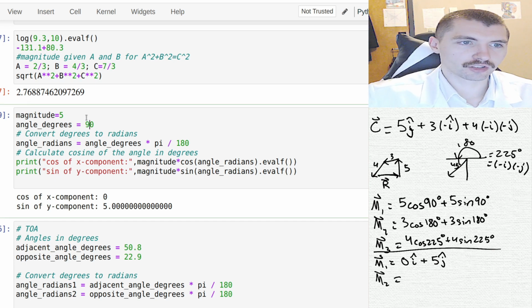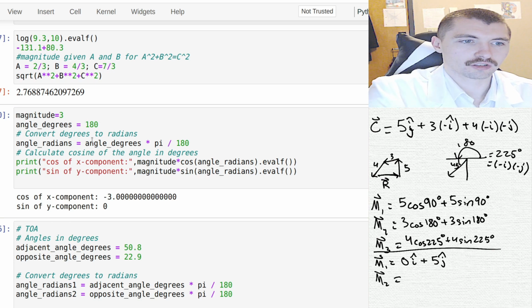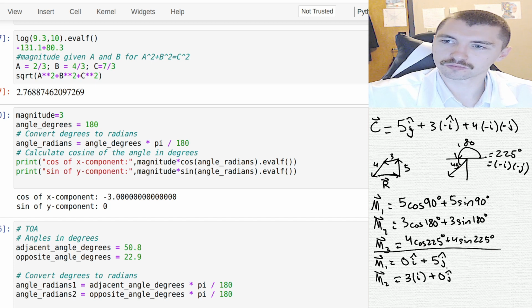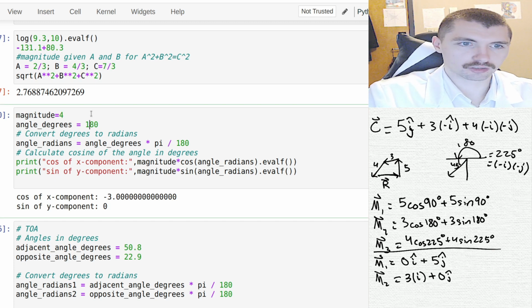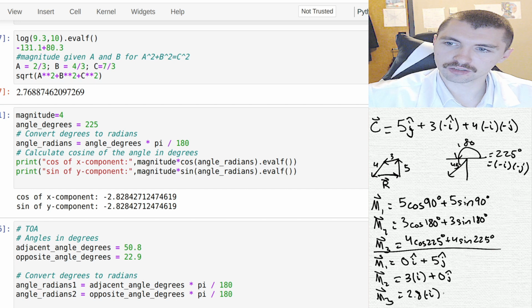M2 is 3, 180, so it is 3 in the I direction plus 0 in the J direction. And then 4. Okay. And this matches up with the book. We're out of time, but 2.8 negative I plus 2.8 negative J.